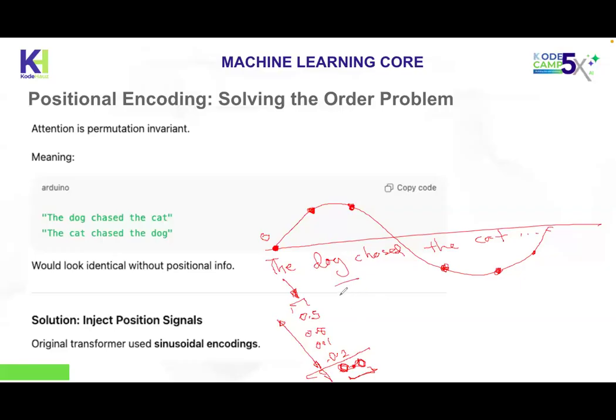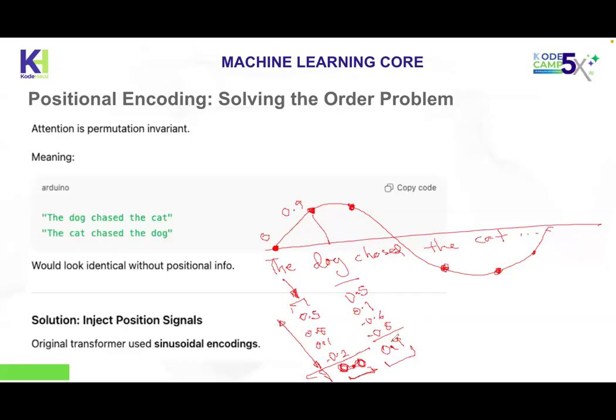For dog, let's say dog has another set of vectors: 0.5, 0.1, minus 0.6, minus 0.8. These four form the embedding for dog. But the position here, let's assume, was 0.9, for example. So I'll add 0.9 and concatenate it to this vector.